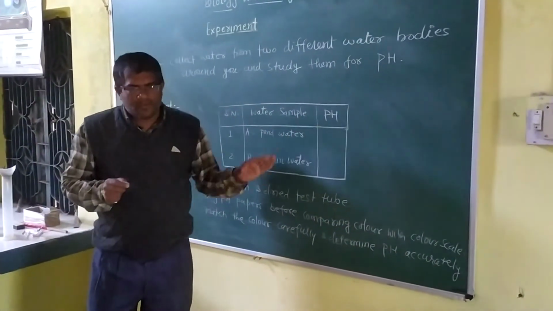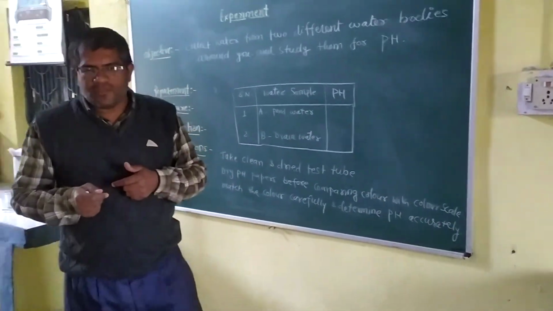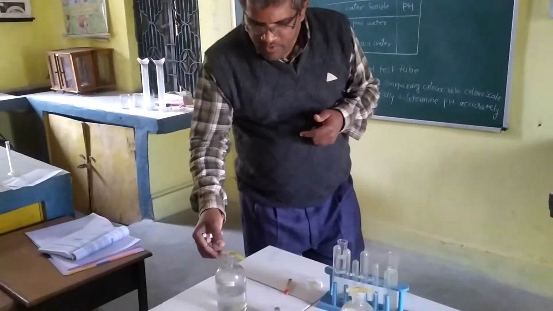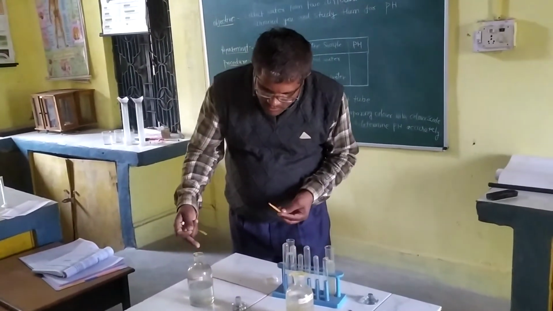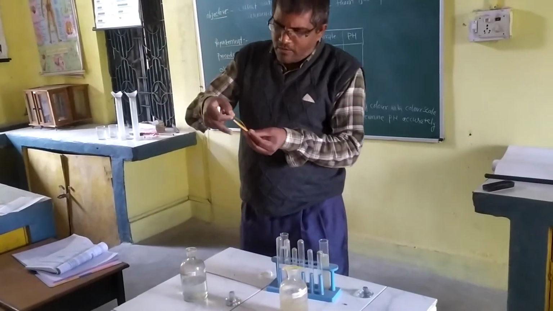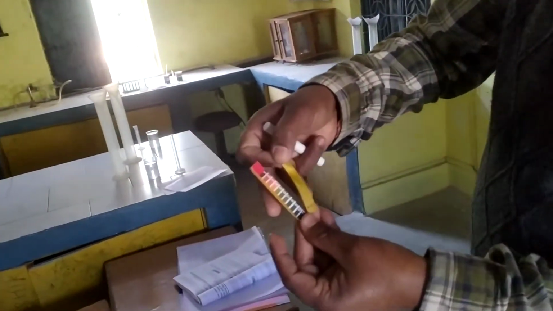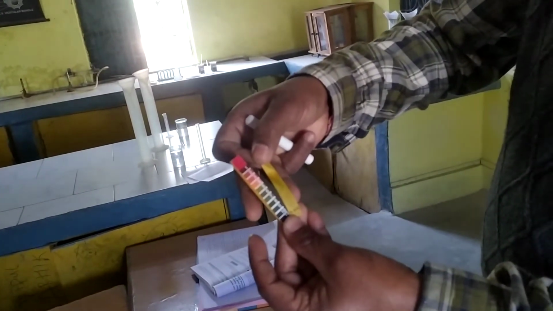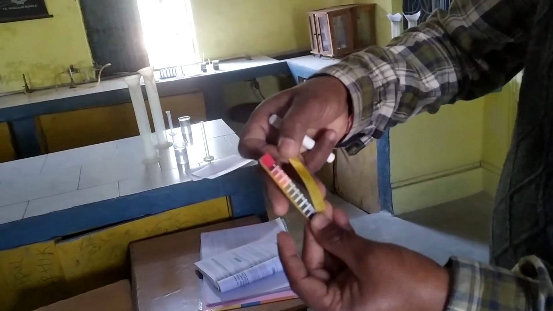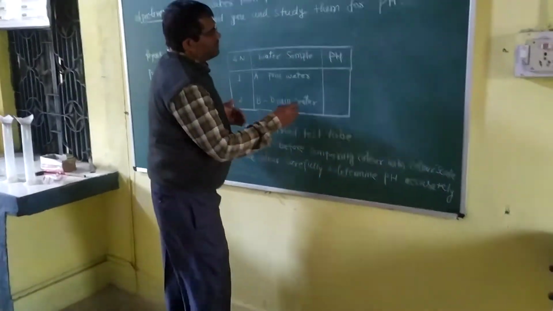Now we will match the color of the pH paper with the scale. This is the water collected from the pond. When we are matching the pond water pH paper with the pH scale, it matches with pH 8. So the pH of this water sample is 8.